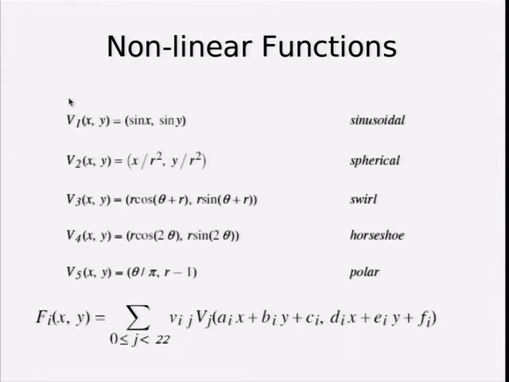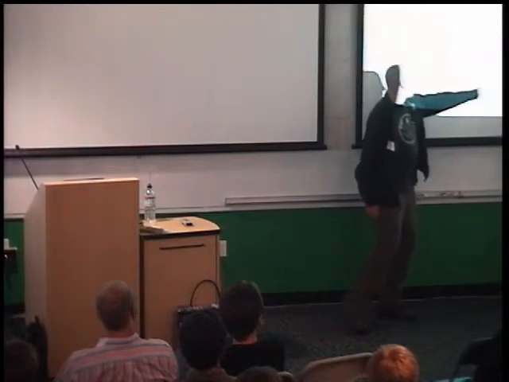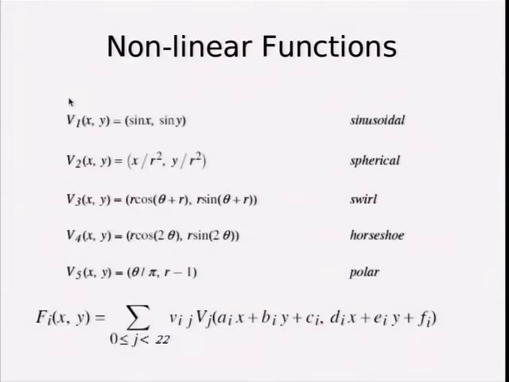This Ax plus b part is a linear function, and then there's a blending vector, the little v sub i, v sub j things, which is a knob for each of the nonlinear functions that says how much of it is present.